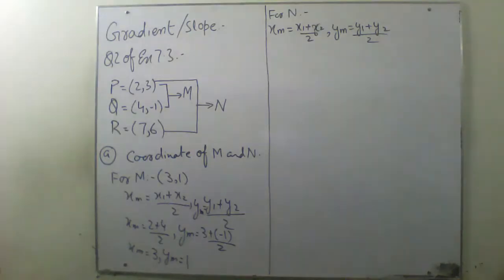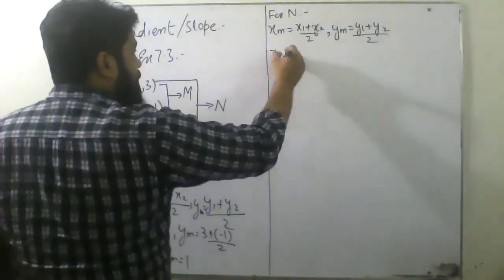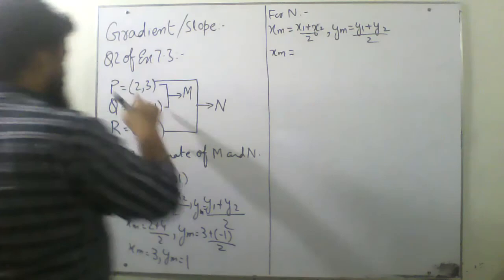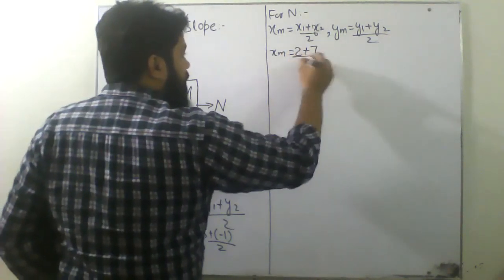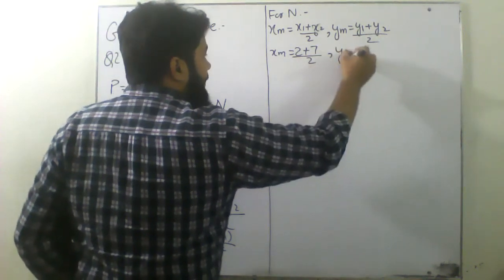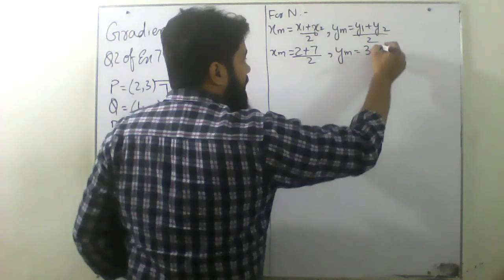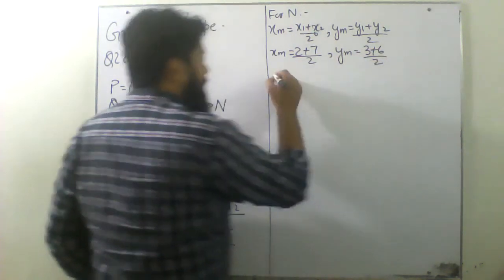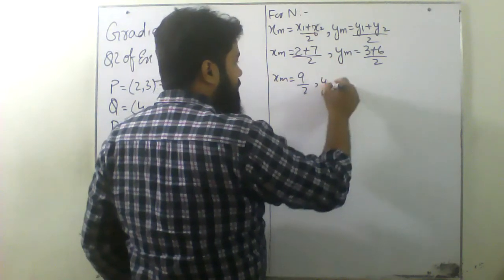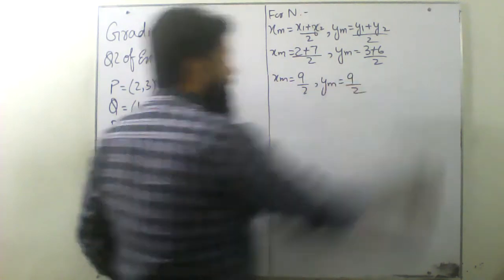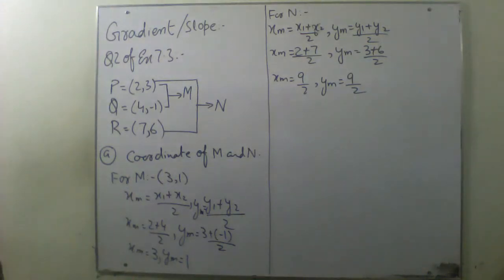Plotting my values over here, xm equals x1 plus x2, which means (2 plus 7) over 2, ym equals (3 plus 6) over 2. So xm equals 9 over 2, ym equals 9 over 2. This is my N coordinate.